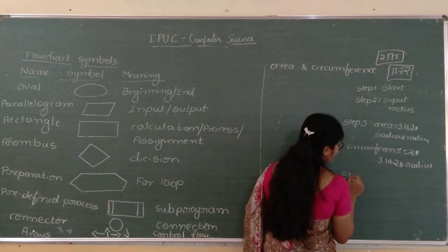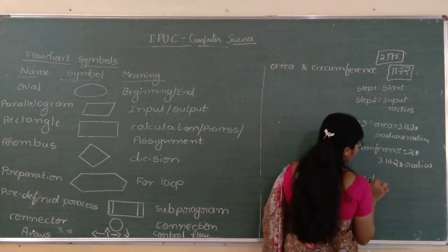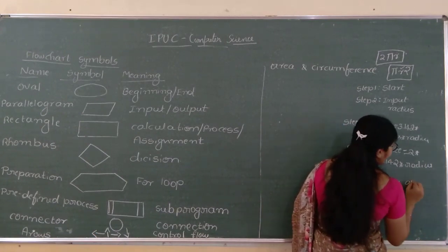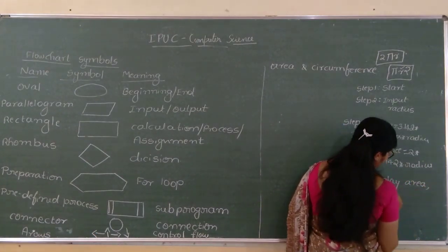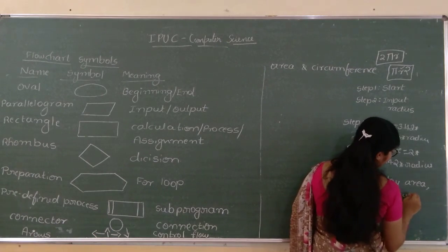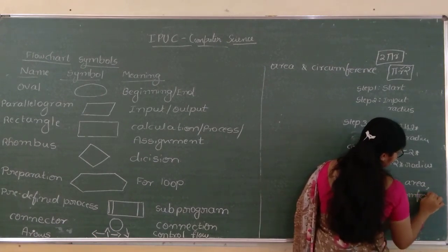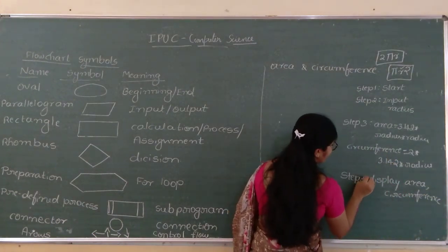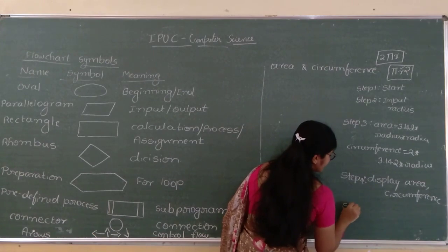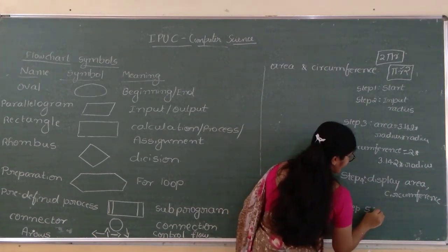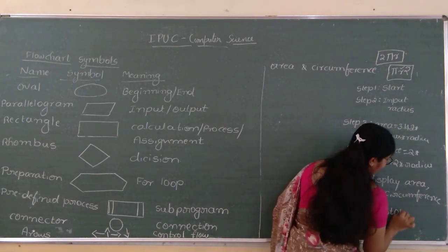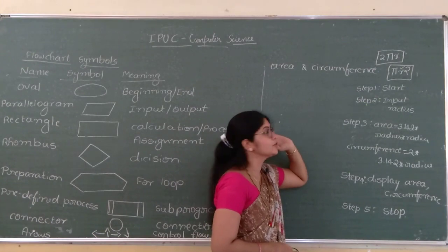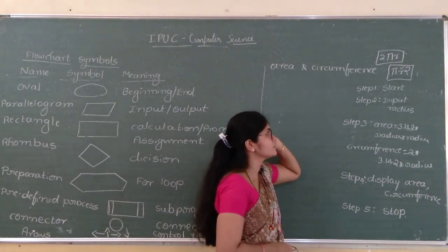Step 4, it has to display area and circumference. Step 5 is stop. So this is the algorithm to find out area and circumference of the circle.